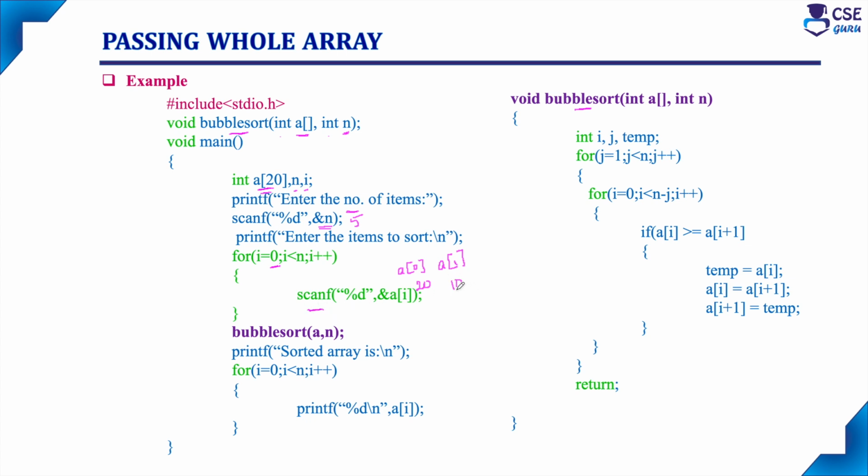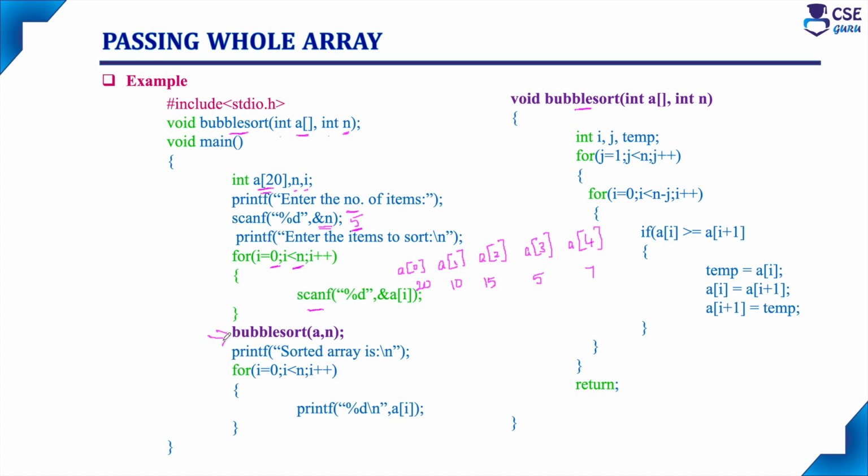I'm giving 10. And i gets incremented to 2. A of 2, I have given 15. Then a of 3, 5, and a of 4, 7. Totally n is 5, so I can give up to 5 elements: 20, 10, 15, 5 and 7.